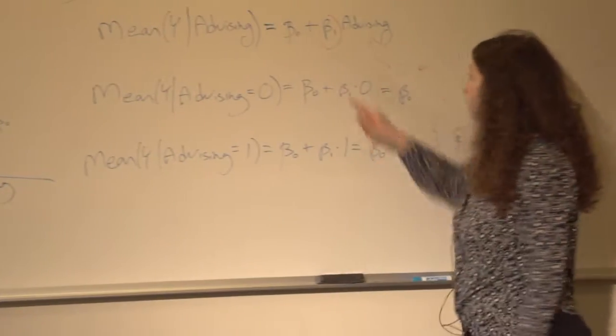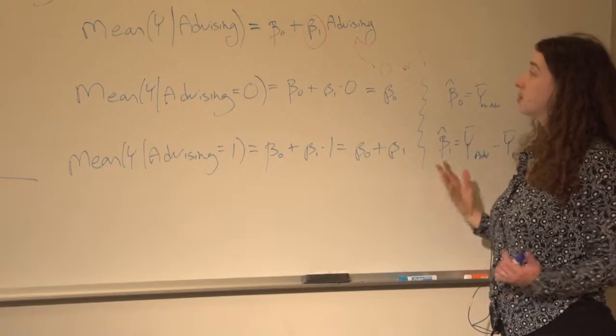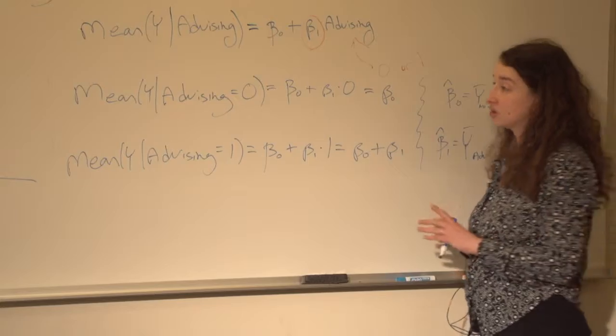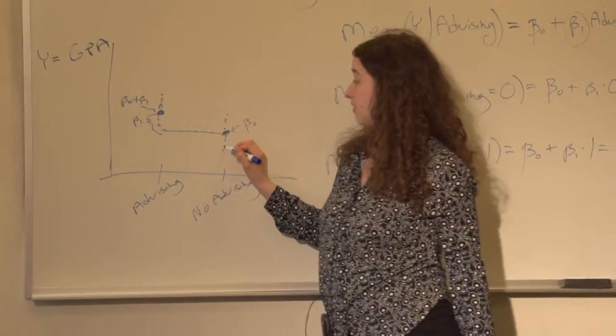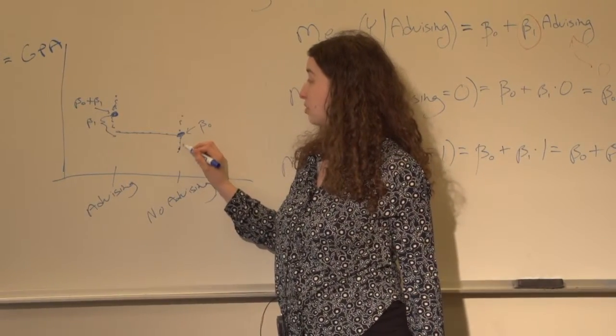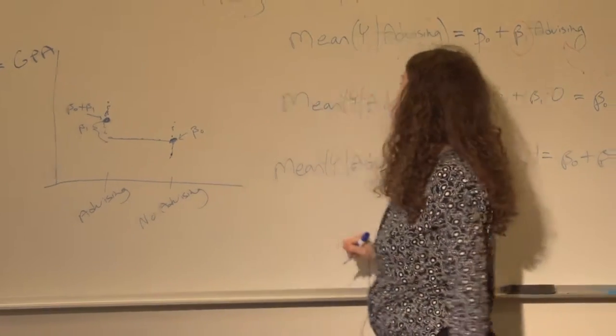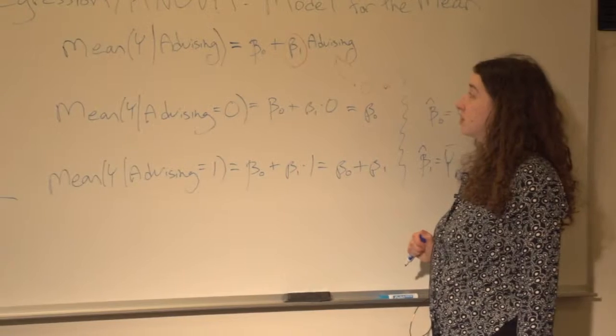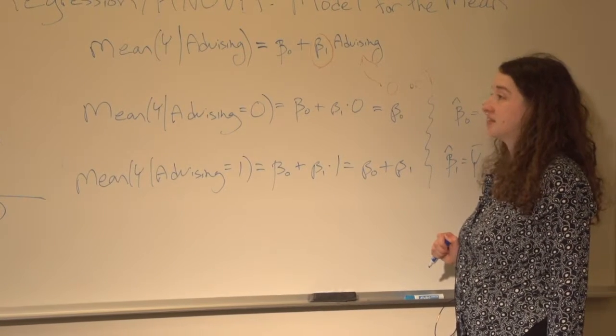The hypothesis test for whether beta 1 is equal to 0 corresponds to comparing the equal means model to the separate means model. And it does make use of the residuals. How far is each point from the mean in its own group, and how far is each point from the overall mean?